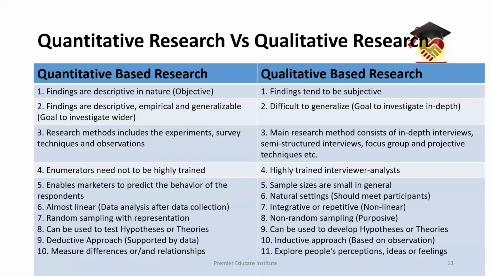In the quantitative method, you can do the research while you are in your office. But when you are doing the qualitative research, you have to go to the site, right? You have to live with them sometimes. You have to see how they buy and what they buy and what they don't buy and why they buy, right? So you have to go to the natural settings.